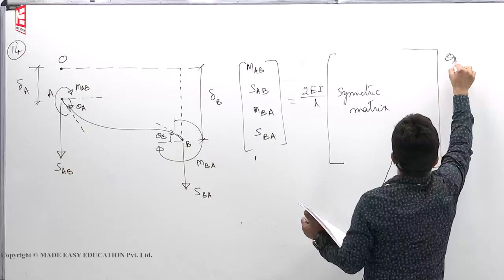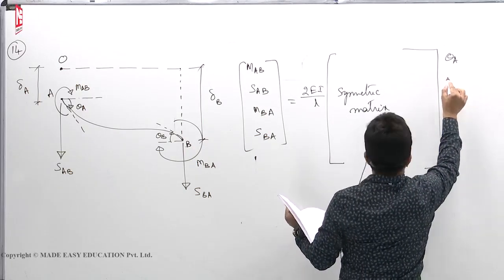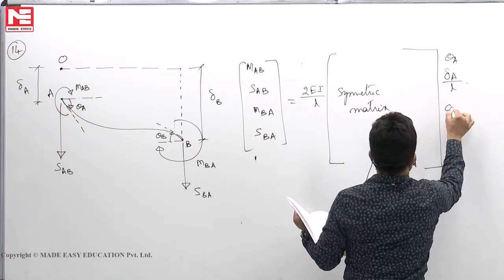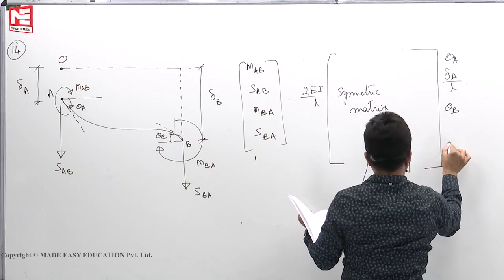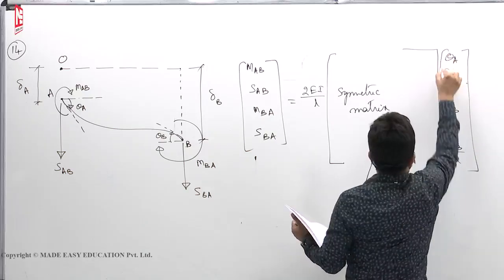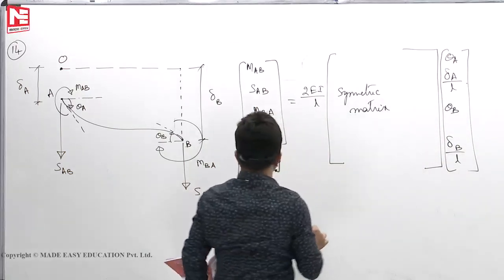This is theta A. Delta A by L. Theta B. Delta B by L. Whatever it is, first you write what is MAB.